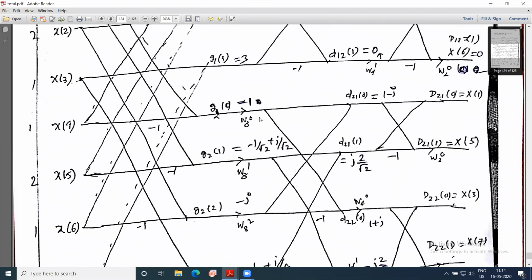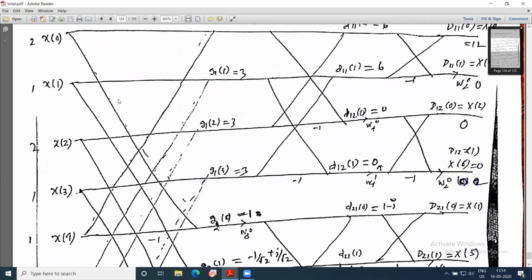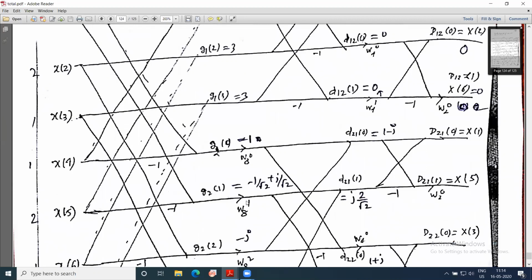Now the second stage output will be equal to 2, 2, and this is minus 1, 2 minus 1, equal to 1 into W80. So this becomes 1, right? Now at this stage, if you look at the output, this will be equal to W81, because what is G21? G21 means at this stage, what is the output?